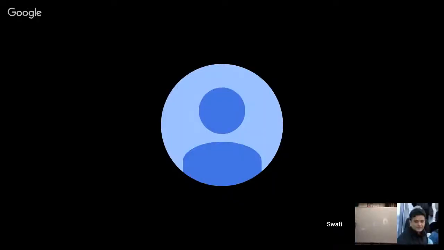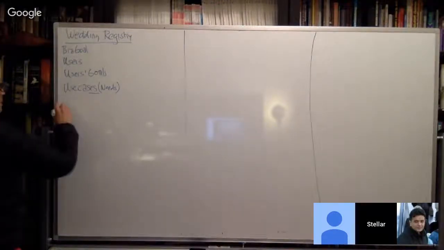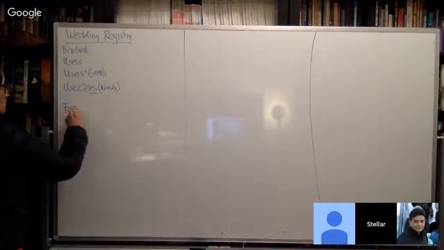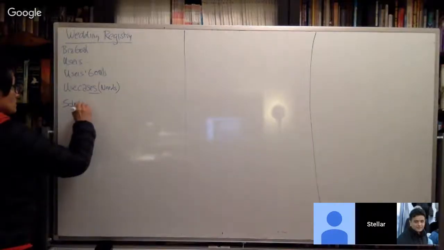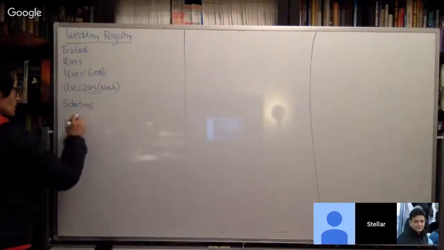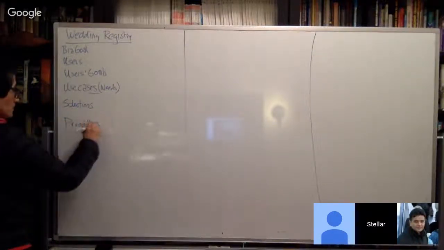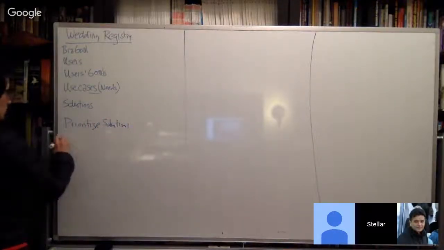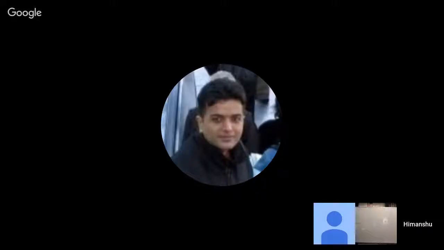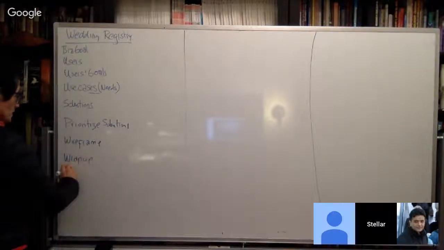Then we're going to go into brainstorming features or solutions that meet those use cases. Then we're going to prioritize solutions. And then we're going to wireframe. And finally, we wrap up. We give our recommendation.